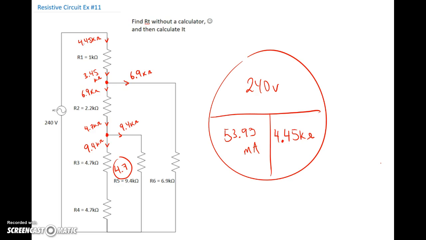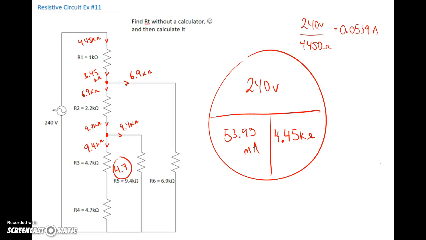If we took the same values, the 240 volts, and divided by 4,450 ohms, that gives me a current of 0.05393, and that's in amps.